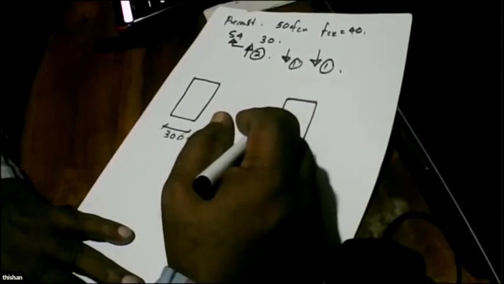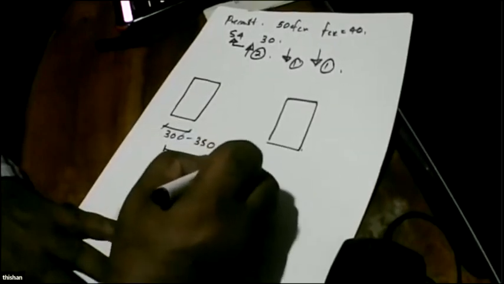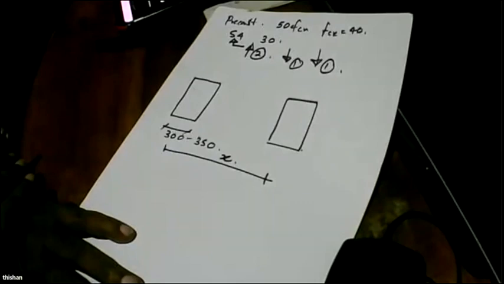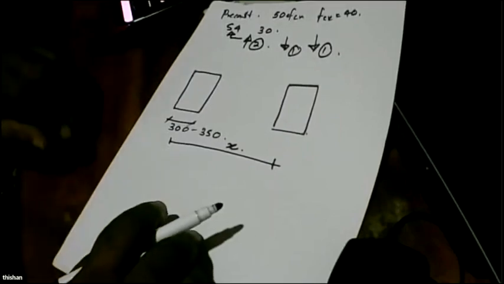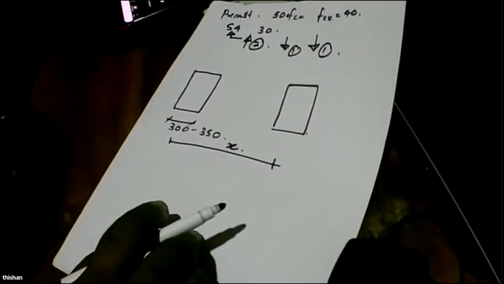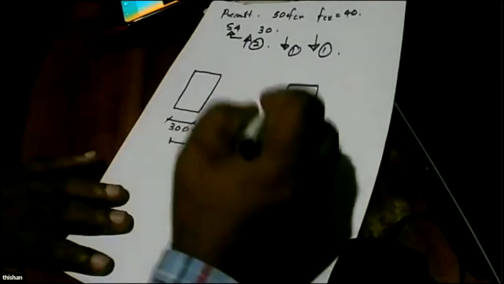Now, what is the most important parameter that we have to decide? The most important parameter is this X, the spacing at which we are going to have these beams.